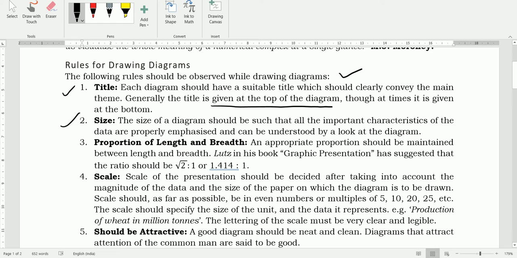The size of the diagram must be proportionate and related to the size of the data. If there is a lot of data, then your diagram should be in proportion with that, meaning it must be big. That is the point mentioned here: the size of the diagram should be such that all important characteristics of the data are properly emphasized.